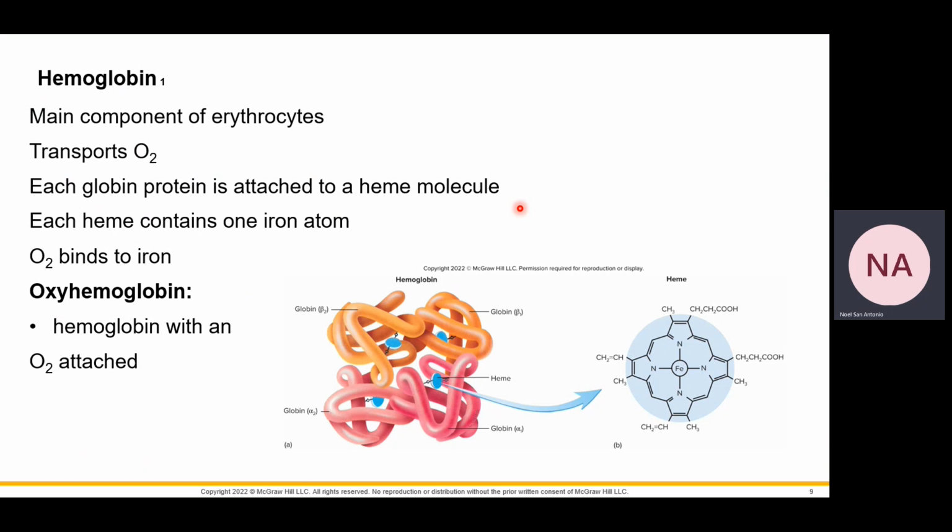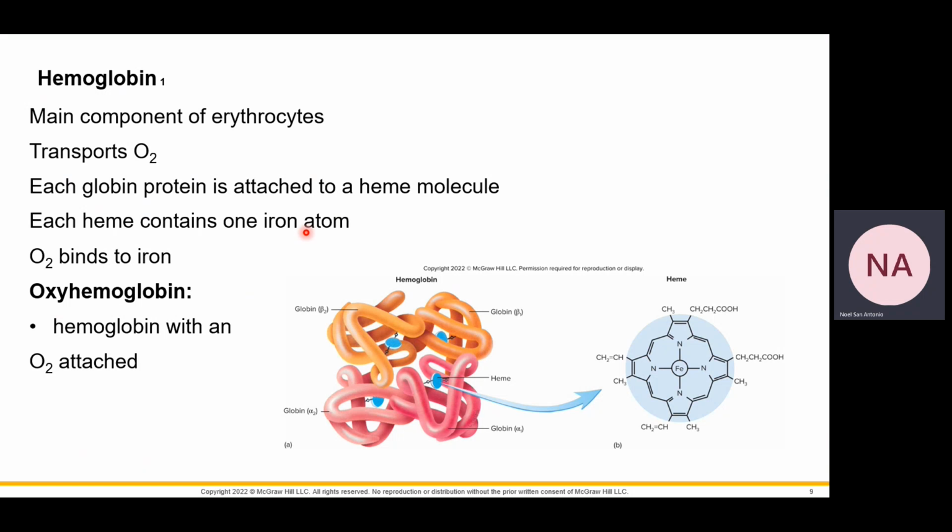So one important component of our erythrocytes or red blood cells is your hemoglobin. And we have seen in our discussion of the respiratory system that it is the hemoglobin that primarily transports oxygen. It is composed of a heme molecule, wherein a globin protein is attached to your heme molecule.